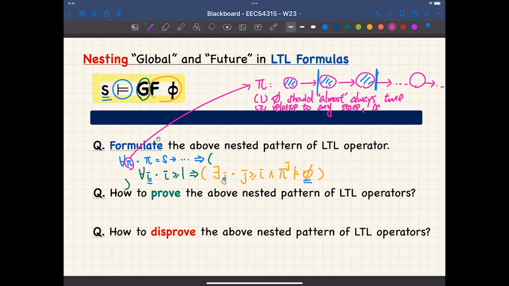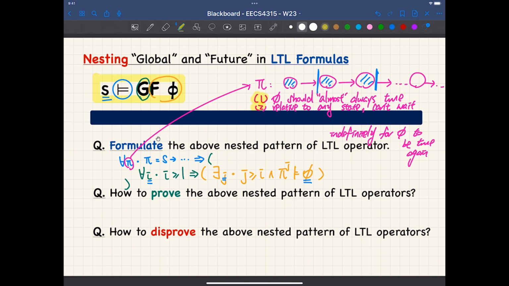You can't wait indefinitely for phi to be true again. All right, so these two are really important.